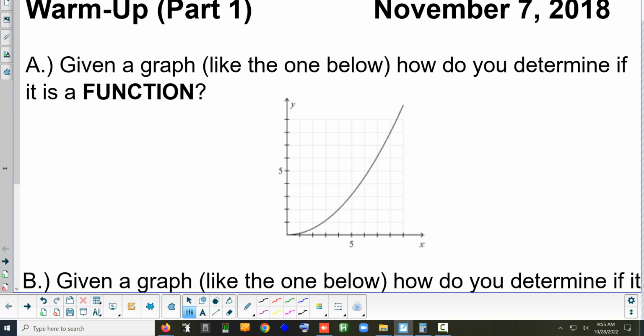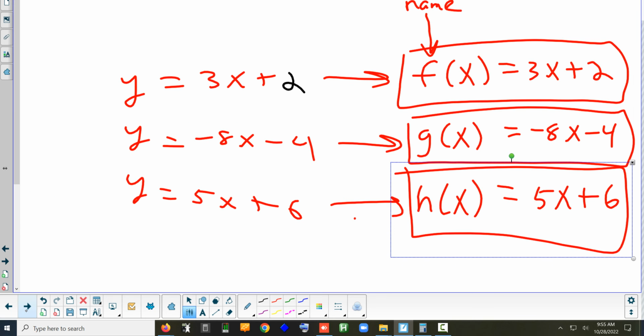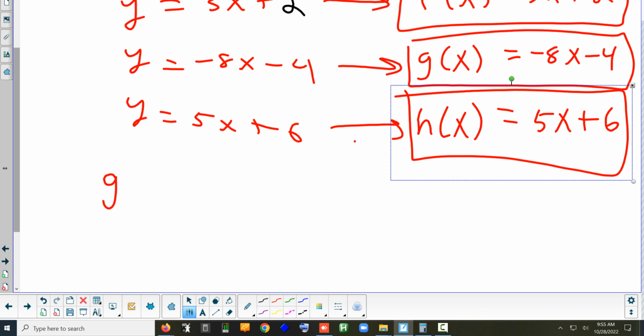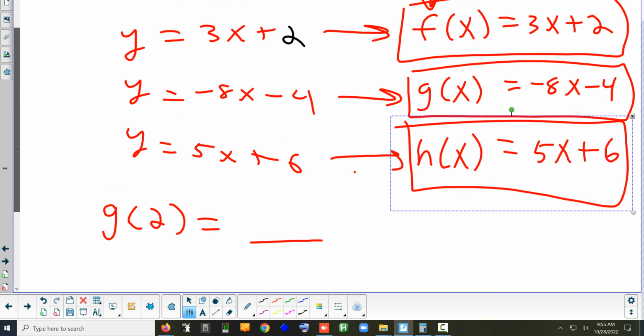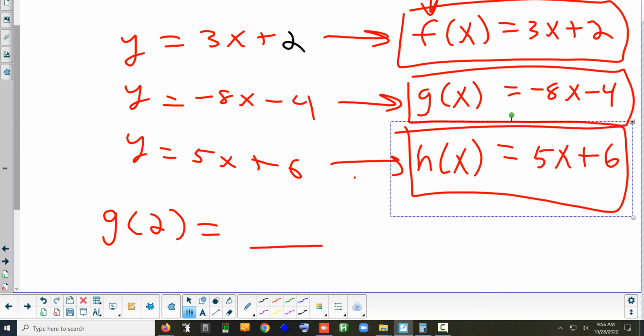If I wrote, let's say I wrote this, g of 2. The first letter tells you which formula you should be using. Which formula does this one say to use? Oh, Sophie? Which formula are we supposed to be using in this one?